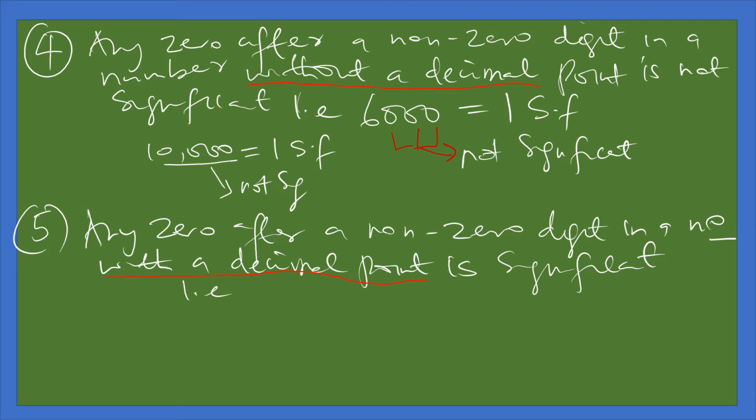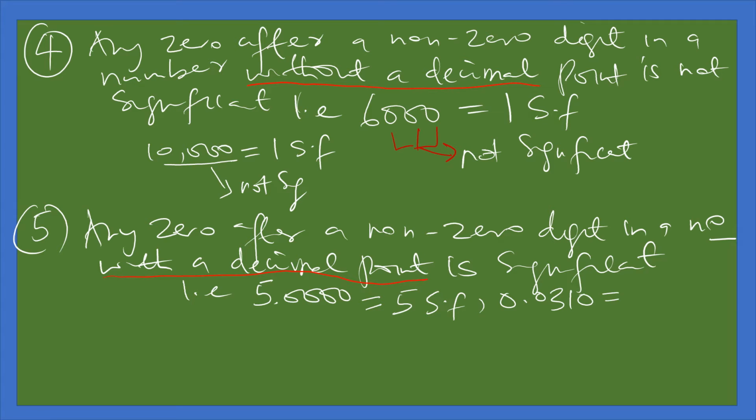Example, we have figures like 5.0000. In this case, it says a zero after a non-zero in a number with a decimal point is significant. So we have 5 significant figures. Another example, 0.0310.